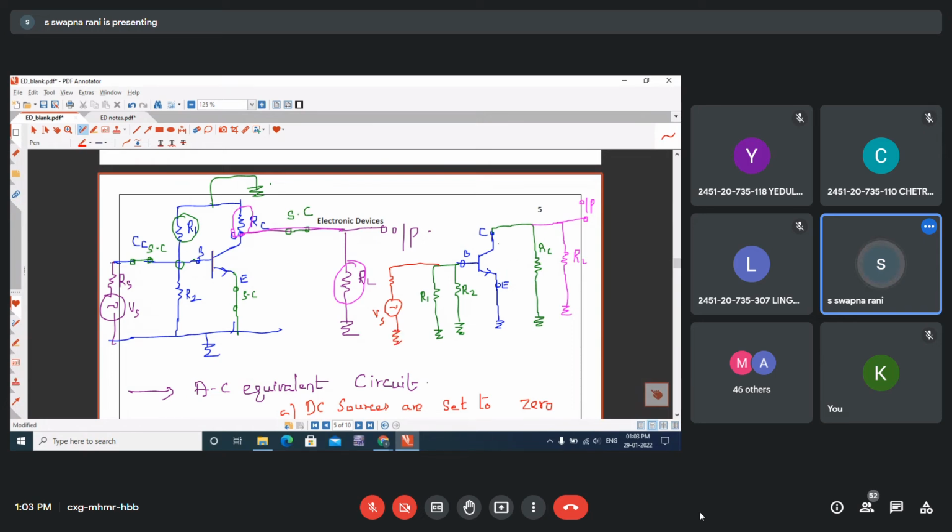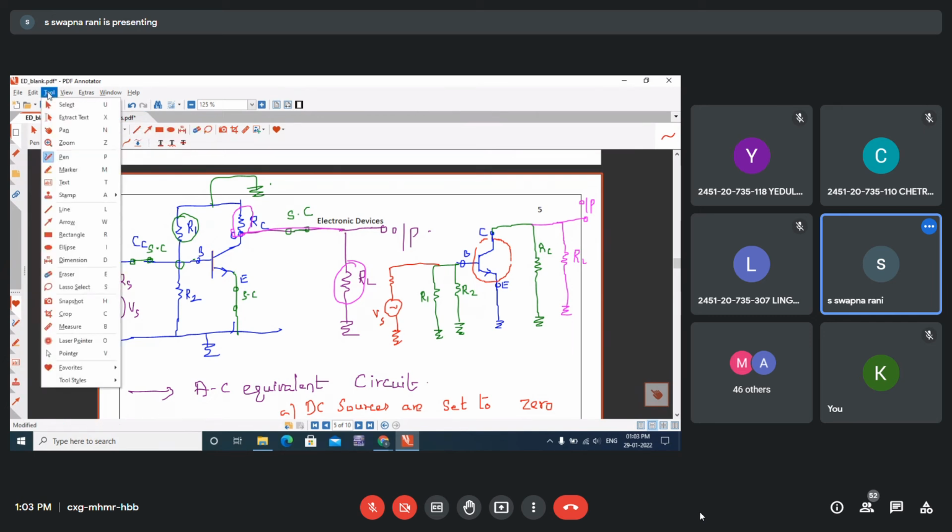The next step is we will replace this transistor with its model. If you are asked to do the exact model, we replace the transistor with the exact model. If you are asked to do the approximate model, we replace it with its approximate model.